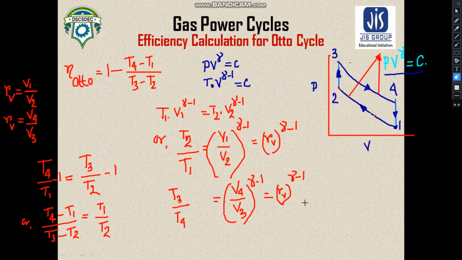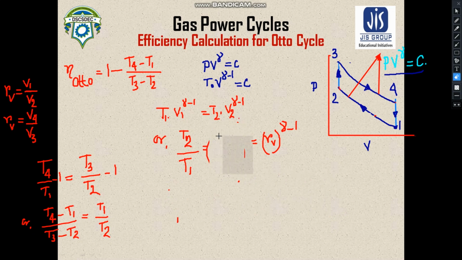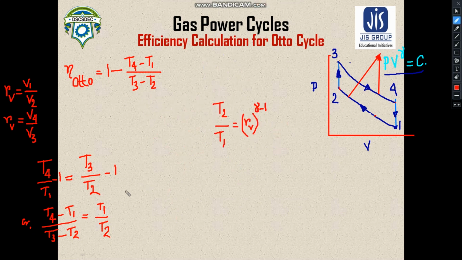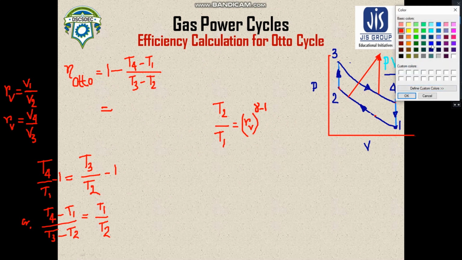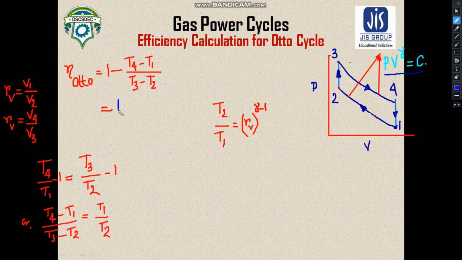Now I will clear everything over here and just keep this relation. We have seen that the efficiency of the Otto cycle can be written as 1 minus T1 by T2. T1 is the temperature before compression and T2 is the temperature after the compression has taken place.